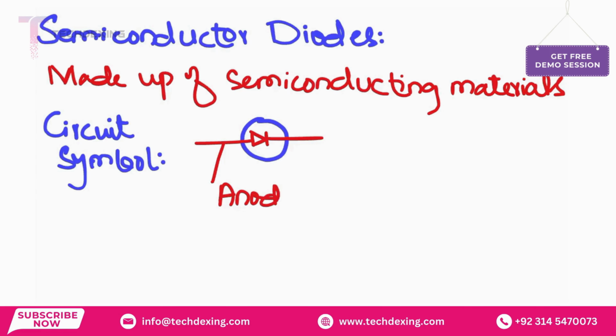So this is the anode, which is the tail of the triangle. And this front portion, this side, is considered to be the cathode. Got it?